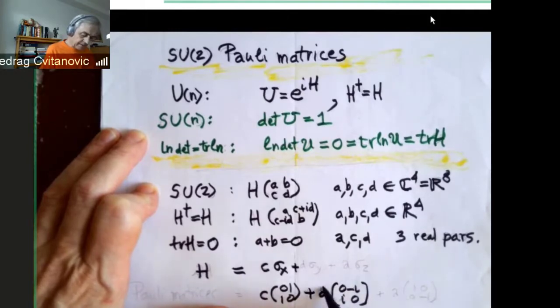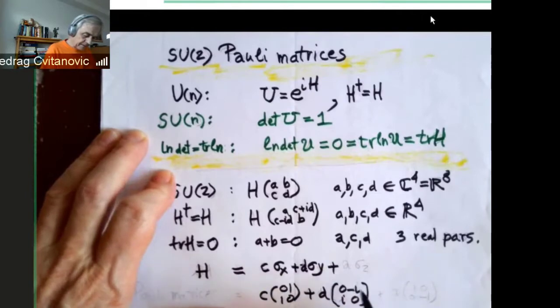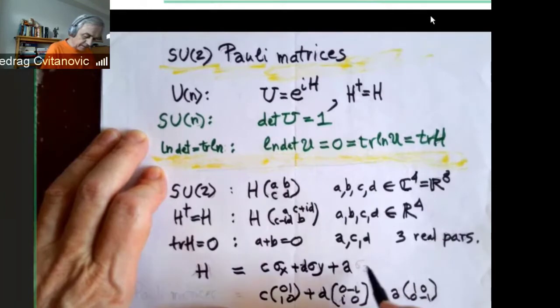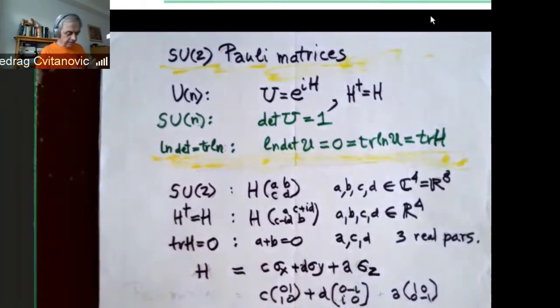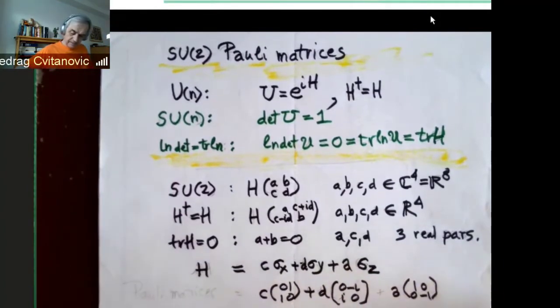Sorry for the sign. So a real parameter times a 2 by 2 Hermitian matrix. And finally, what we call A has to show up with opposite signs on the diagonal, and conventionally that's called sigma z, the third Pauli matrix.